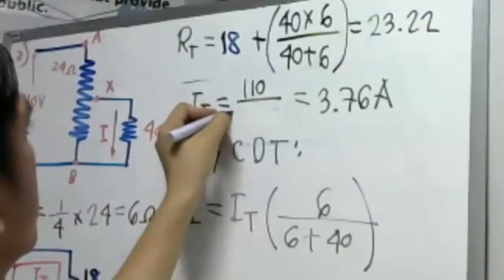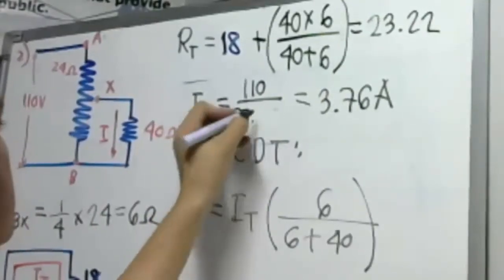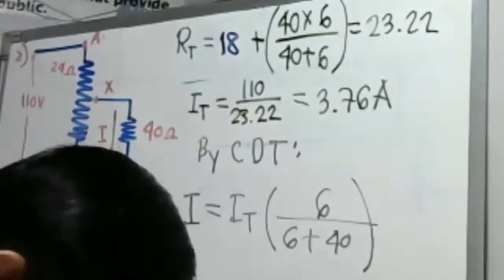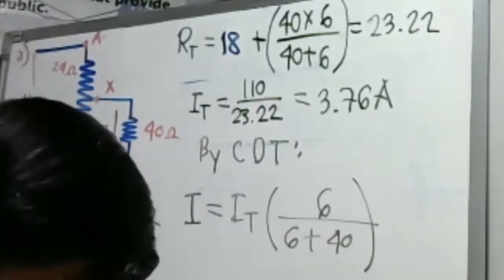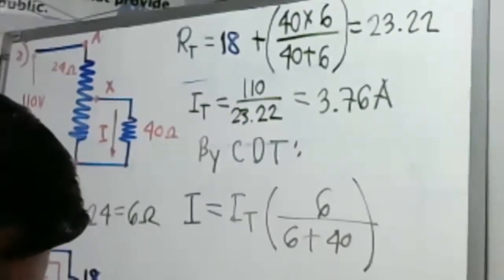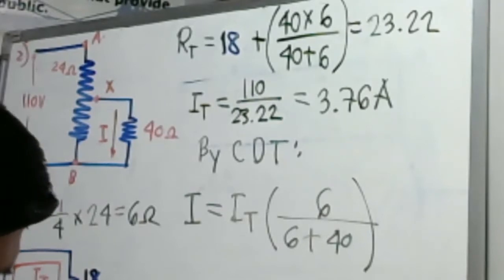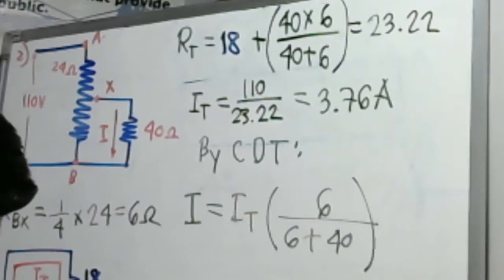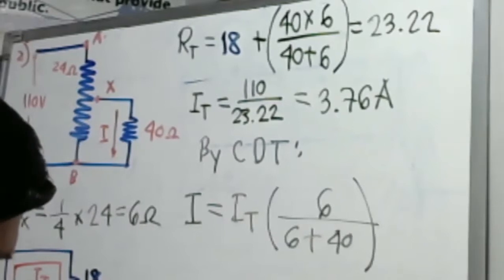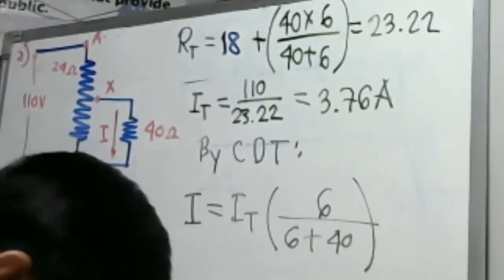Put here 23.22. 110 divided by 23.22 equals, that is 4.74.